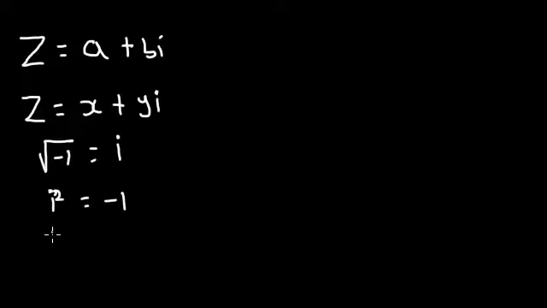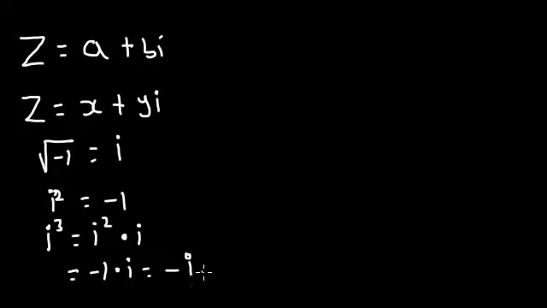Now, what about i to the power of 3, which is also called i cubed? Well, from algebra, we know that i cubed can be expressed as i squared multiplied by i. However, we said i squared is -1. So we have -1 multiplied by i, and this results in -i. So i cubed is equal to -i.